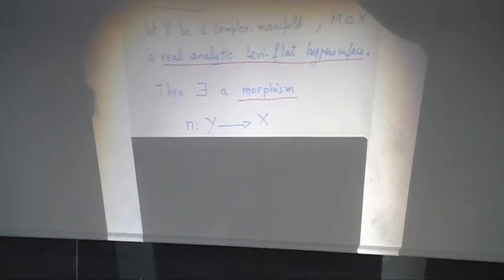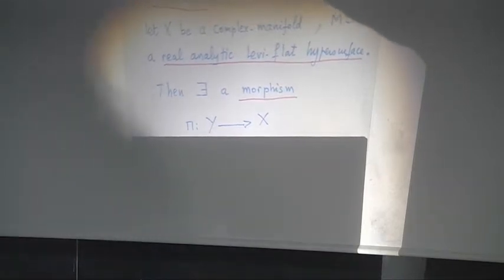At first, there exists a morphism. It's like in a reduction of singularities. You have another complex manifold, Y, and a morphism.